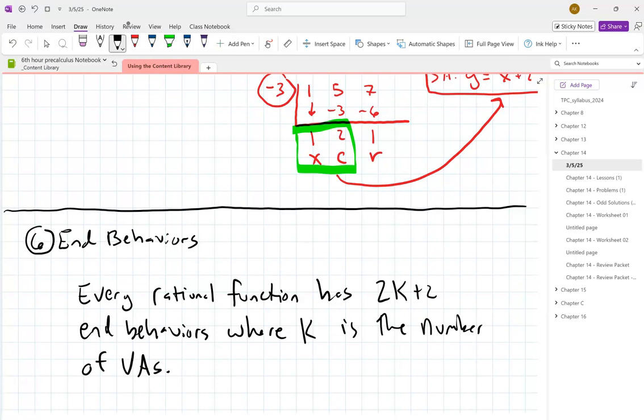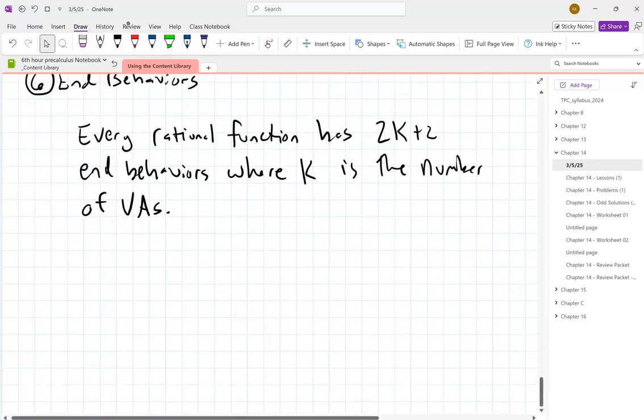So how many end behaviors would I have if I had 3 vertical asymptotes? I'd have 8, right? 2 times 3 plus 2. 2 times 3 is 6, plus 2 more is 8. Everybody's okay with that? All right.